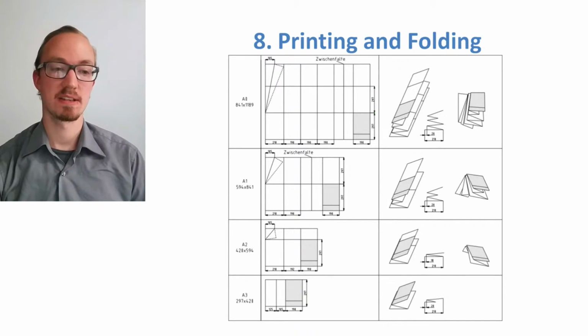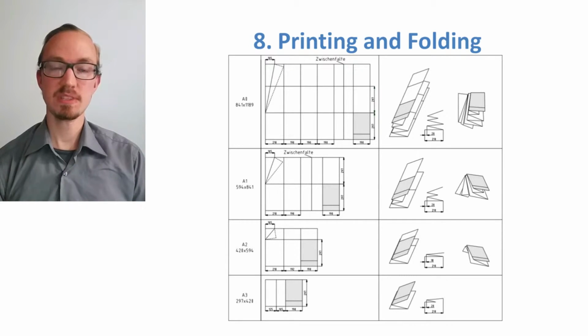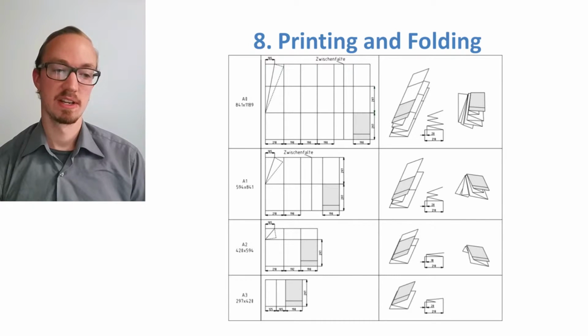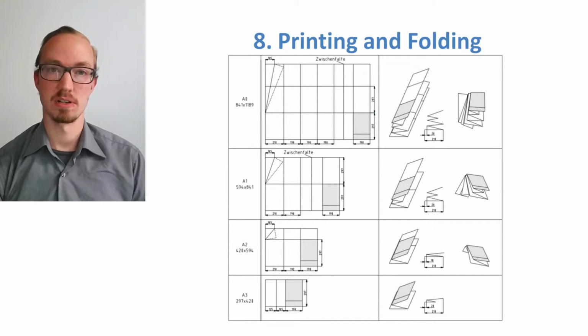And last but not least, finally, there's also a guide on how to fold your drawing, and then you can put it with the other documents that you probably produced and have it all in one place.